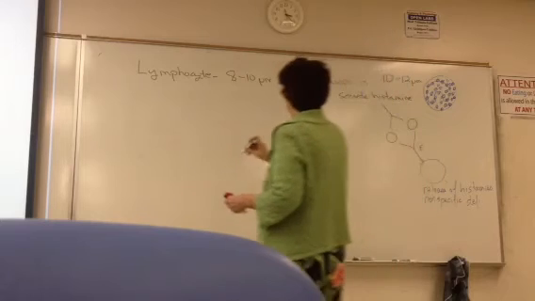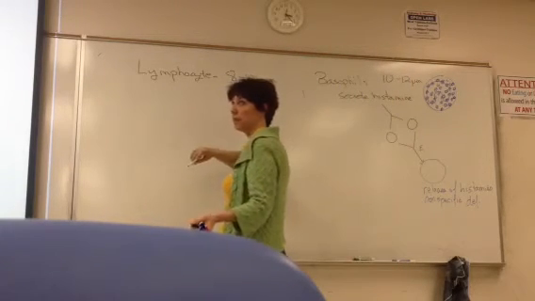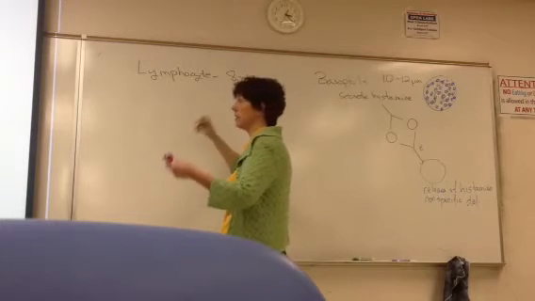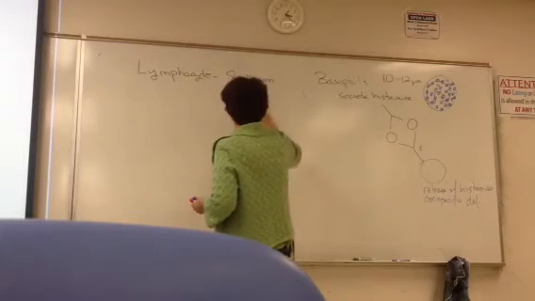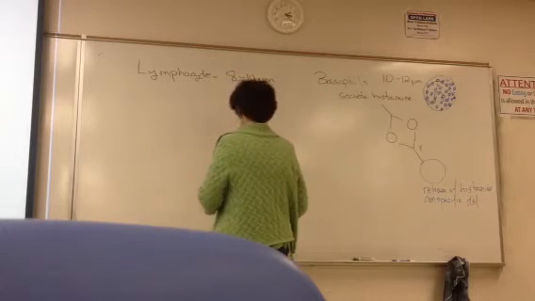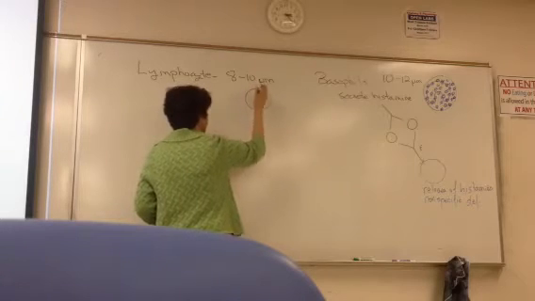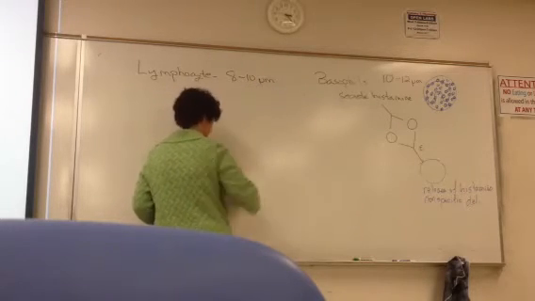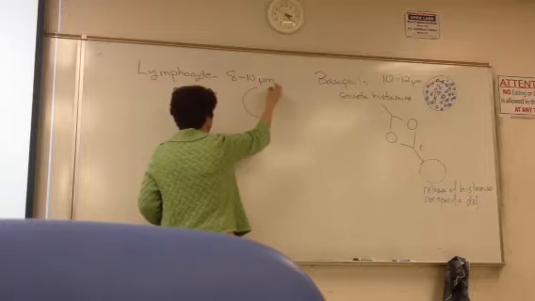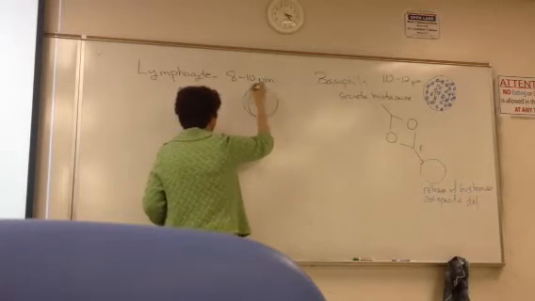So 8 to 10 microns. They're slightly smaller than the basophil. So the red blood cell would be smallest, and then the lymphocyte, and then the basophil. So just slightly. Let me change the blue. Their nucleus is round and almost the diameter of the cell.